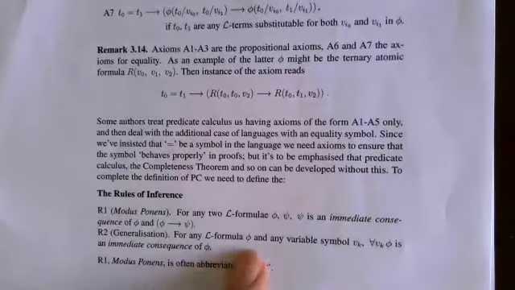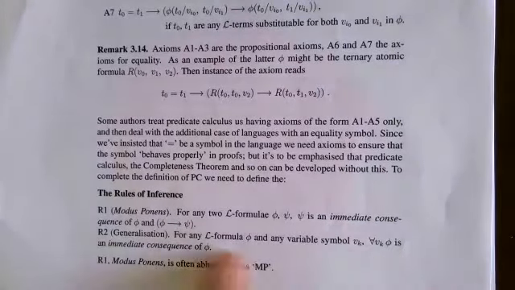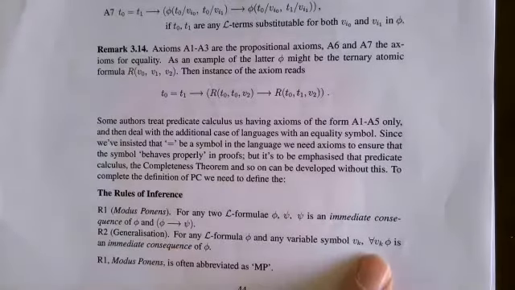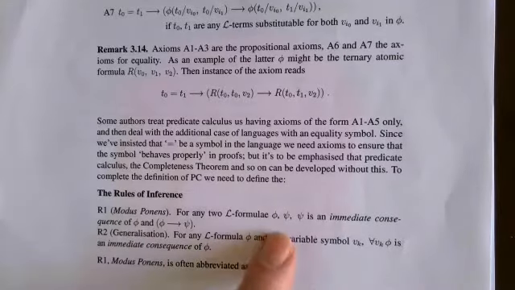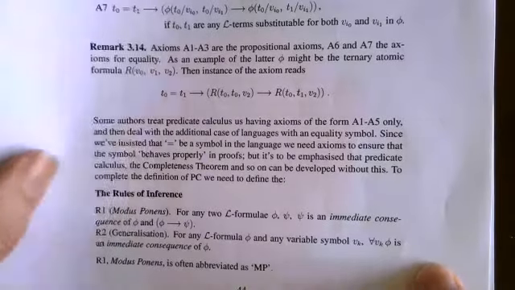If you've got a formula which you've proven, phi, then you're allowed to immediately deduce for all vk phi. There's two ways of assembling a proof. You can look back on previous lines and generalize an earlier line, or you can use modus ponens on two previous lines. So it's very simple, two particular rules.